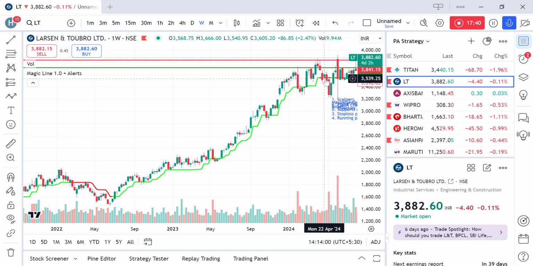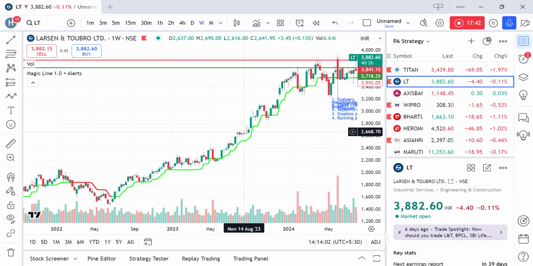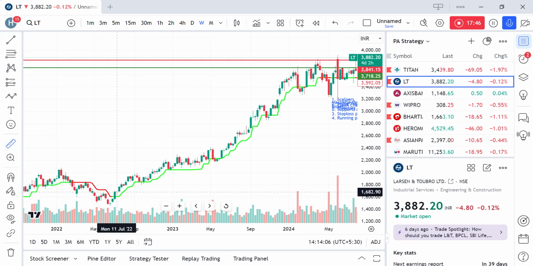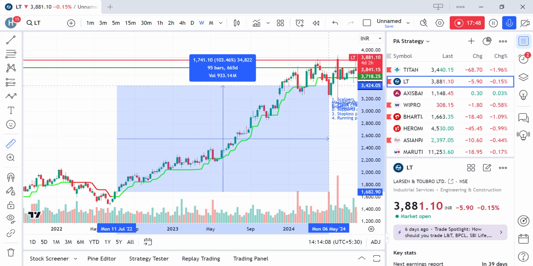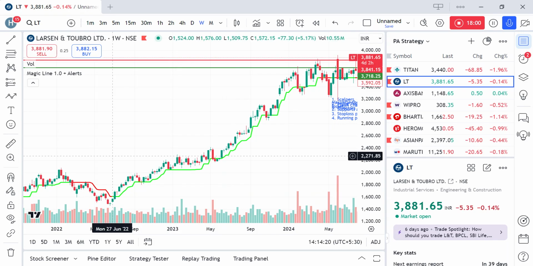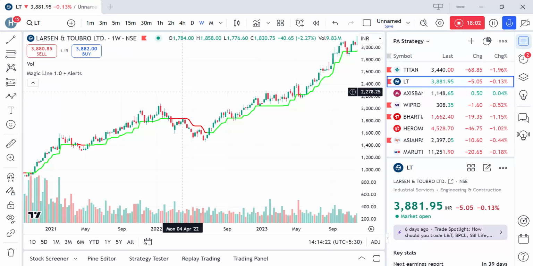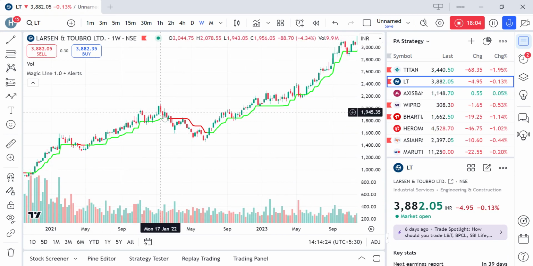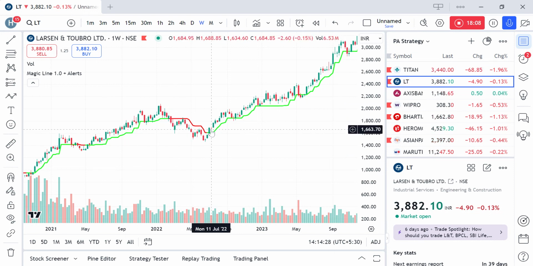Till here, we could have gained a very, very good amount of profit. If I suppose we exit here, it is almost about 111% profit. And if you entered before that, you could have exited here, then made another entry here.